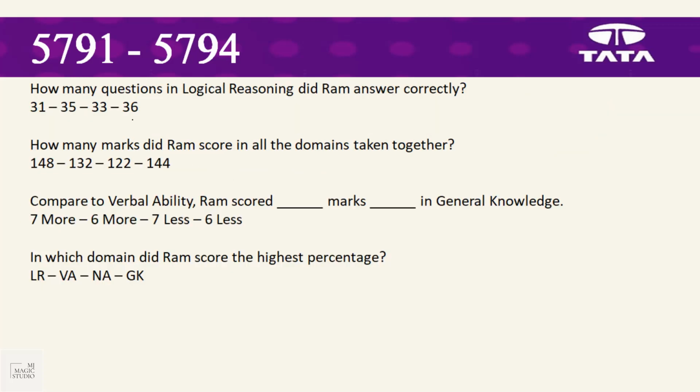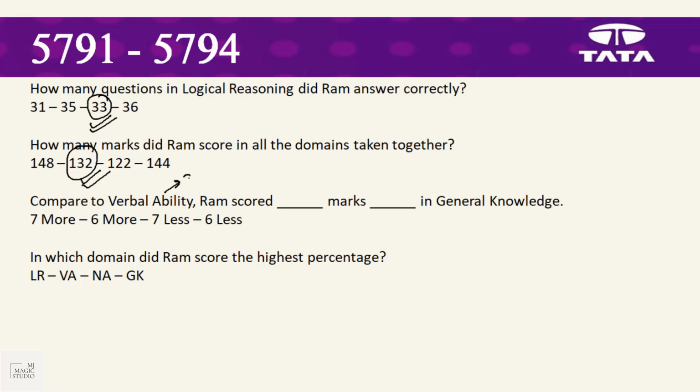We have this with us. How many questions in logical reasoning did Ram answer correctly? In logical reasoning, Ram answered correctly 33. How many marks did Ram score in all the domains taken together? That was 132. Compared to verbal ability, Ram scored this marks in general knowledge. Okay, 7 more or 7 less.